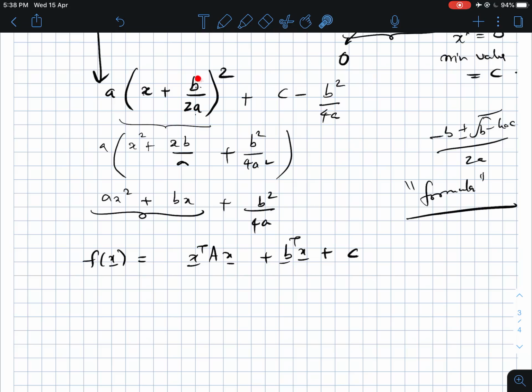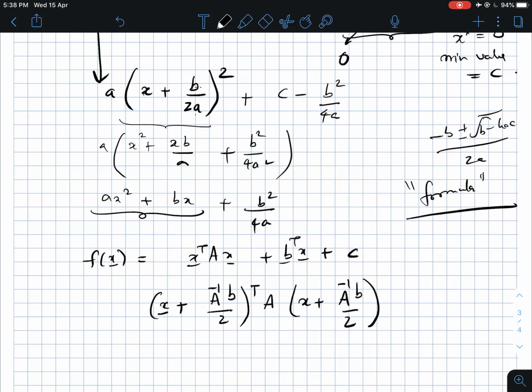So I'm going to consider the following: let's see what happens when we write x plus A inverse b by 2, transpose, times A, times x plus A inverse b by 2.